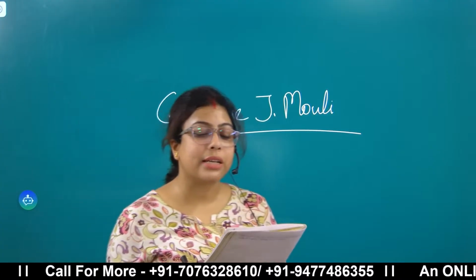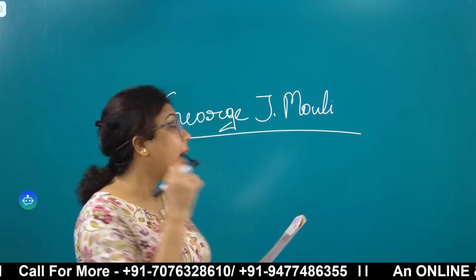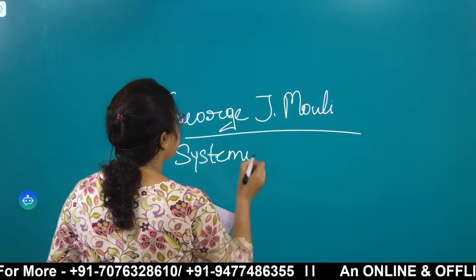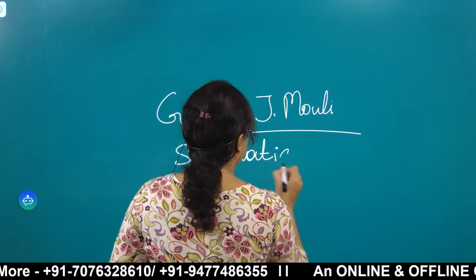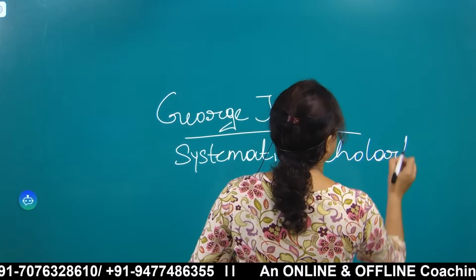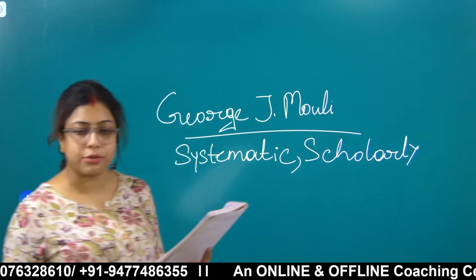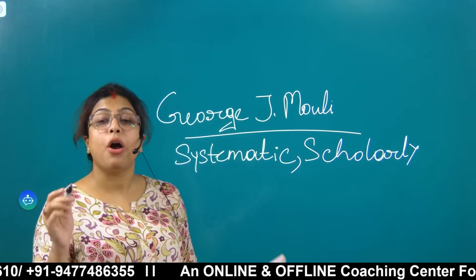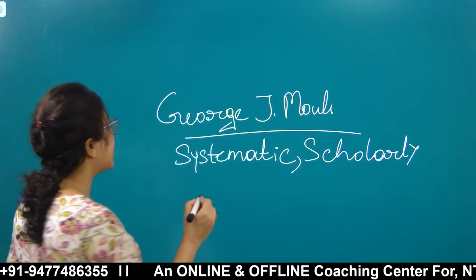The systematic and scholarly application, the systematic and scholarly, these are the important terms that we are getting from this definition. The systematic and scholarly application of the scientific method.